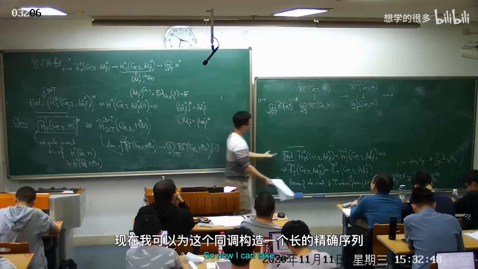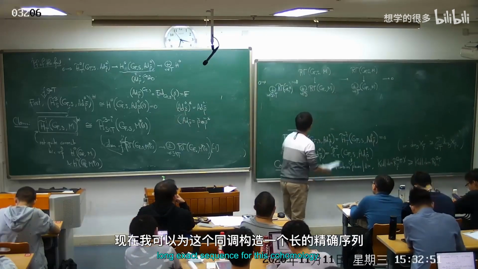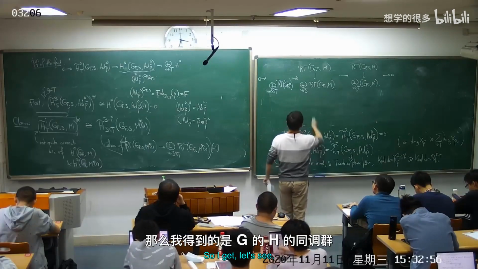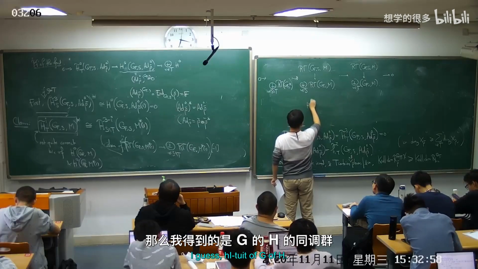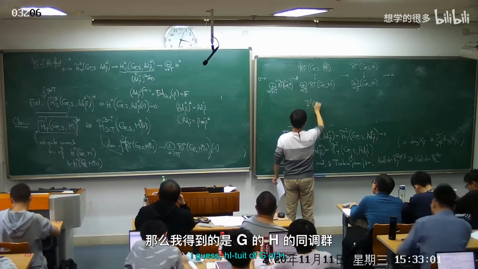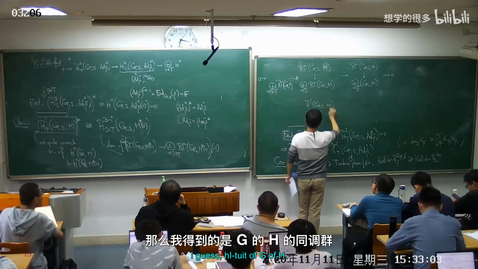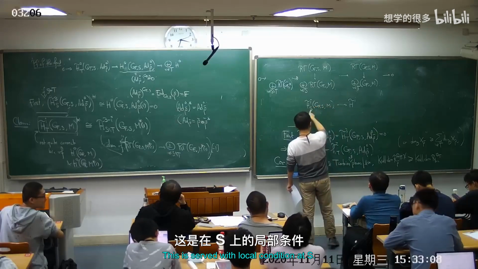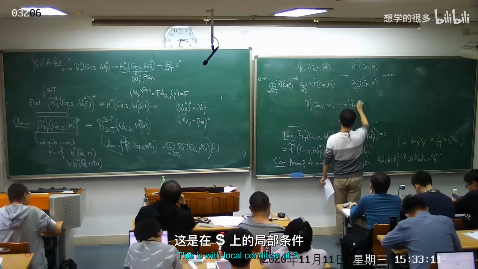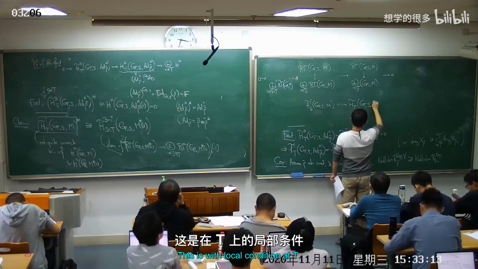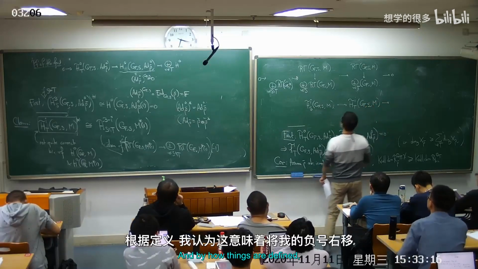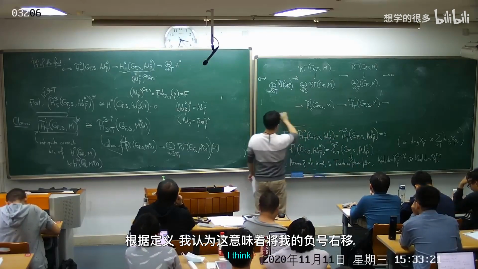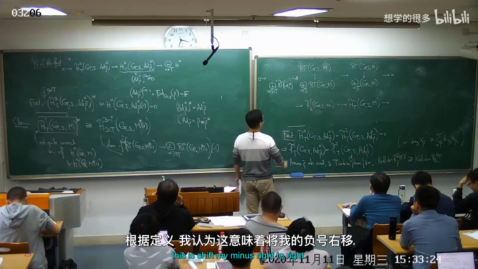Right? So now I can take the long exact sequence for this cohomology. So I get, let's see, H^I of G F S M, with local condition at S, and this is with local condition at T. By how things are defined, this shifts by minus one to the right.